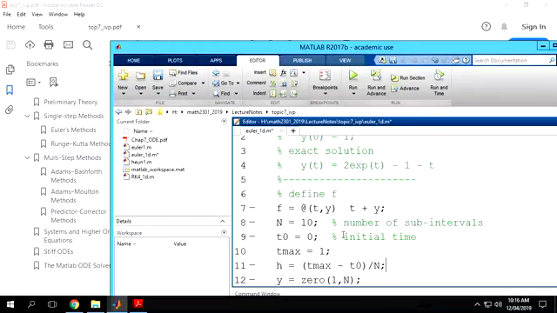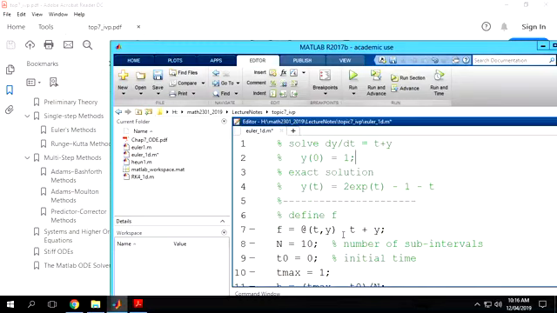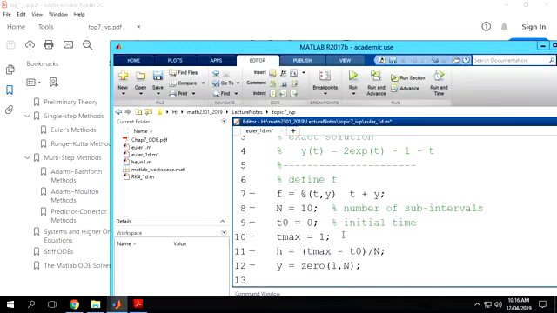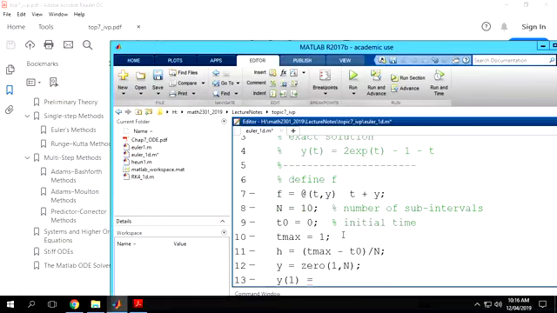Now you want to implement the formula. My y0, I cannot start with index 0 because the index in MATLAB starts with 1. So I just set it equal to 1, the initial condition. This one is my initial condition.